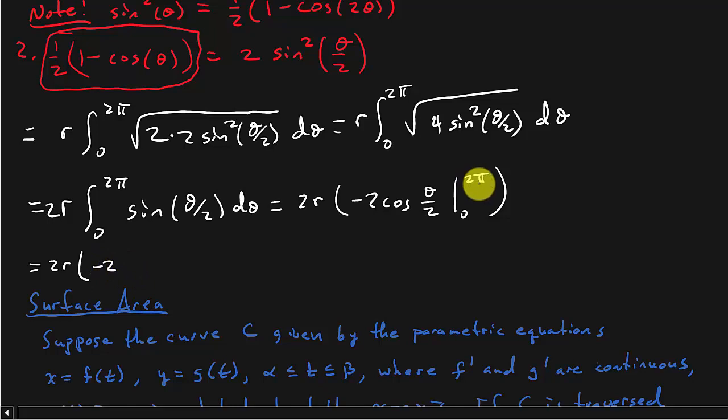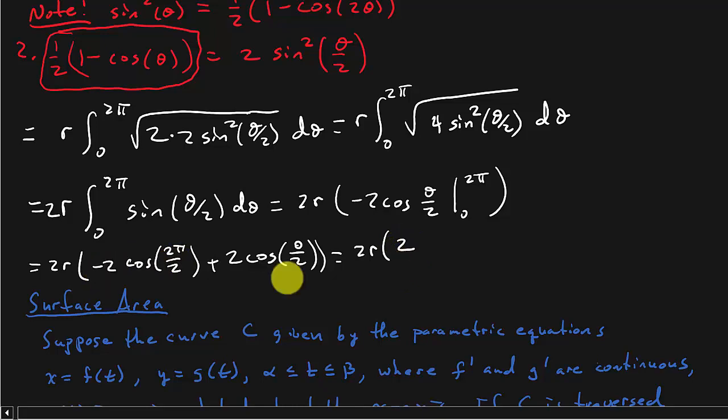And then if I plug in, cosine of 2 pi over 2 minus, which would be plus because of the minus there, 2 cosine of 0 over 2. That's going to give me 2r times, and then this right here is just going to end up being 2, because the cosine of pi is negative 1, negative 1 times negative 2 is positive 2, and then plus 2 times the cosine of 0, which is 1. 1 times 2 is 2. And so that actually gives us 8r is the length of it.